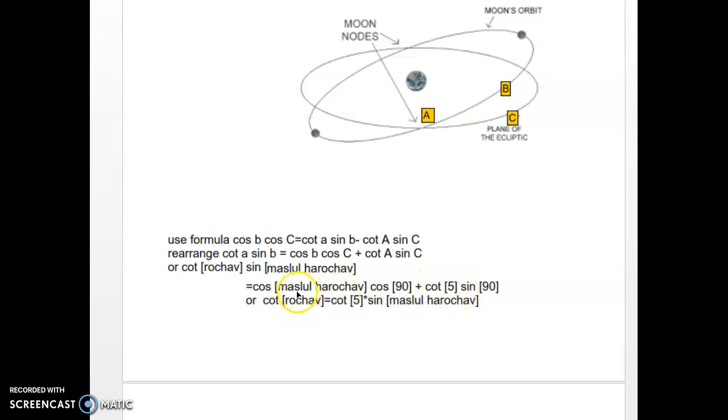You see, cosine 90 is 0, so you just have cotangent 5 sine 90, and that's 1. So you take this cotangent 5, and this cotangent a, that's cotangent rochav, times sine.